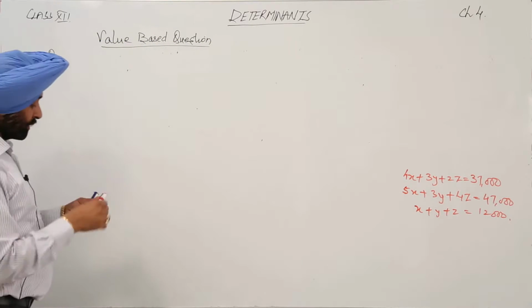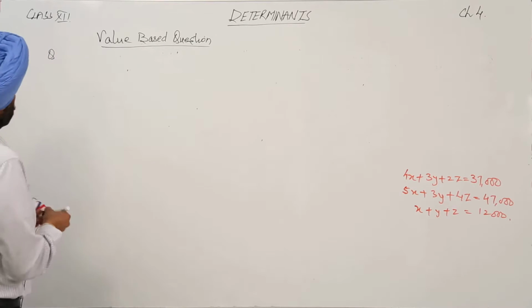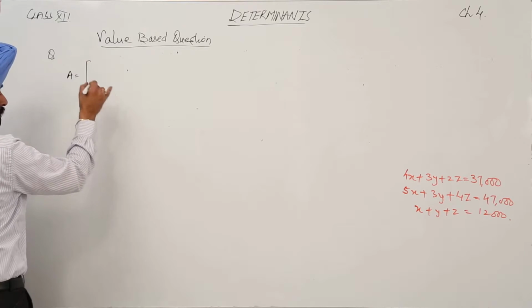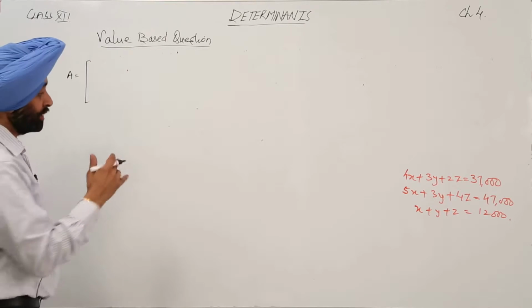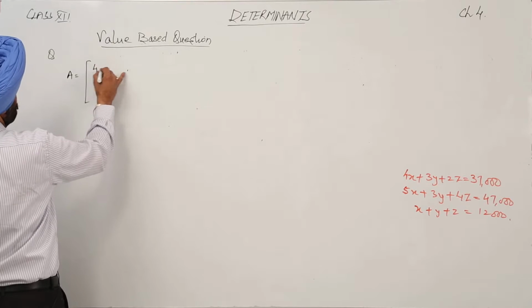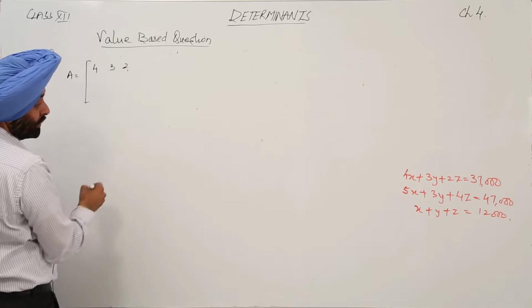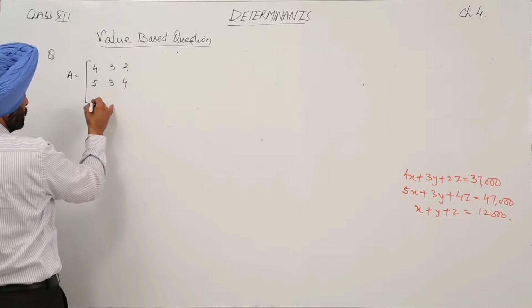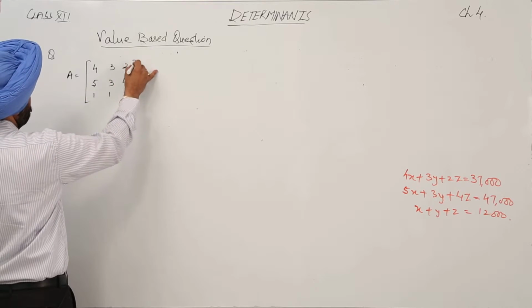Now writing the equations in the matrix form, A is the coefficients of the variables: 4, 3, 2, then 5, 3, 4, and then 1, 1 and 1.